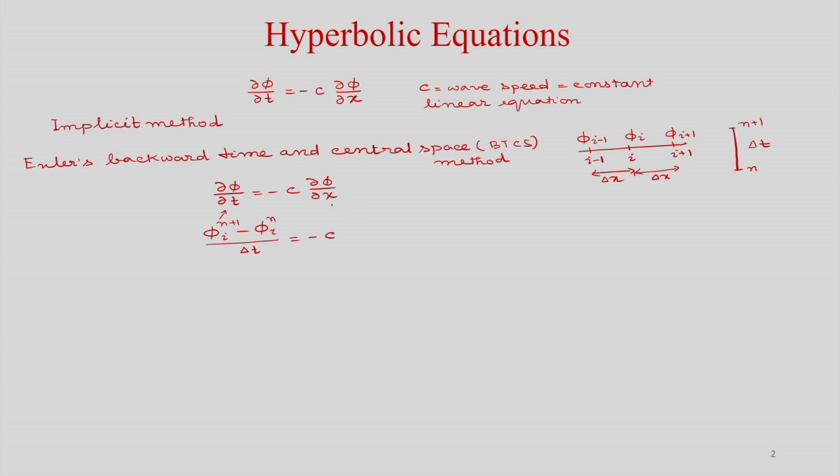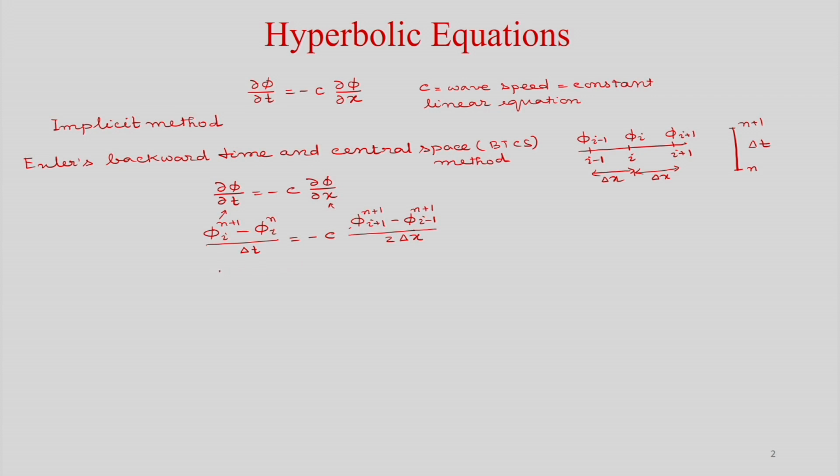For del phi by del x we will consider central difference approximation, so we will use phi I plus 1 minus phi I minus 1 divided by 2 delta x. Here you can see that as we are using implicit method and backward time, the dependent variable will be at time level n plus 1. Okay. So, you can see that there is more than one unknown.